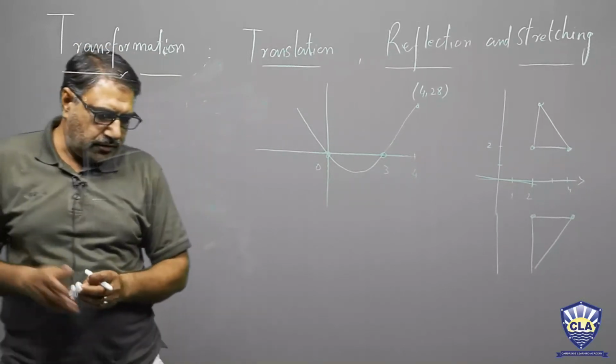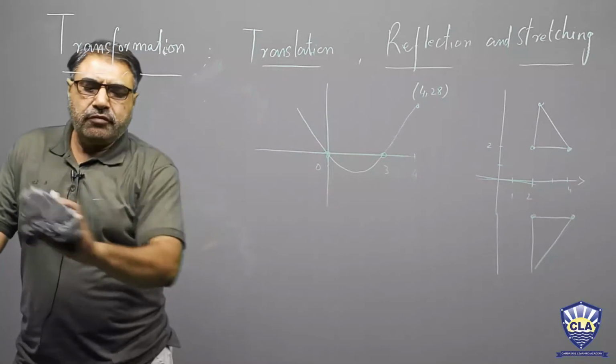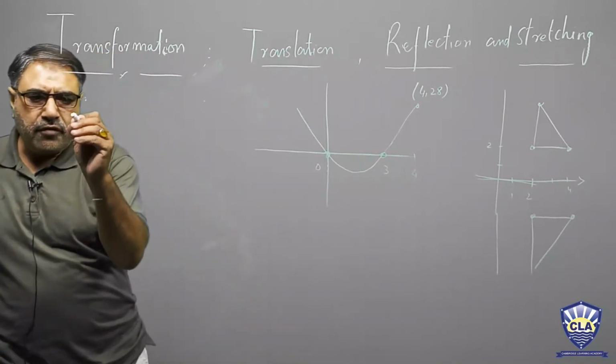Now we will start with the general form of translation. The general form is, he will give you f of x.